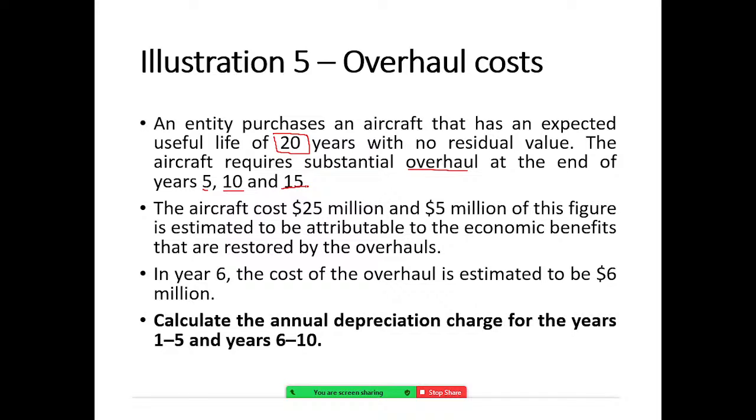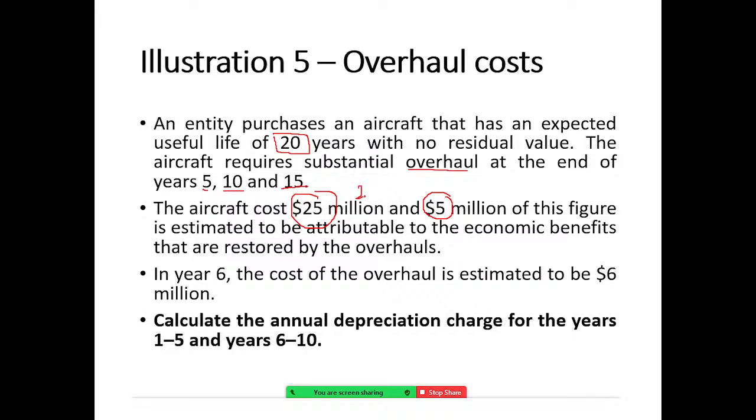The aircraft cost is 25 million, and 5 million of this figure is estimated to be attributable to the economic benefits that are restored by the overhaul cost. Here this 25 million is the total cost, the aircraft cost. So this 5 million is the overhaul cost.